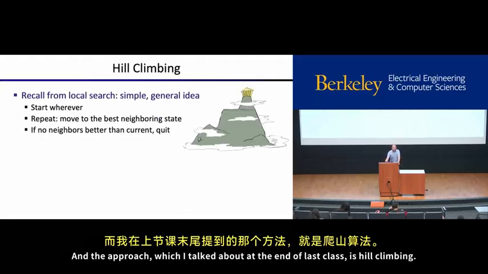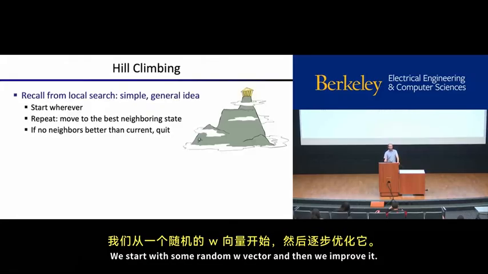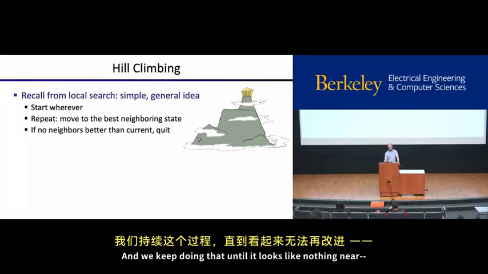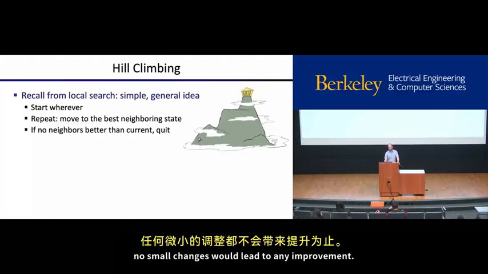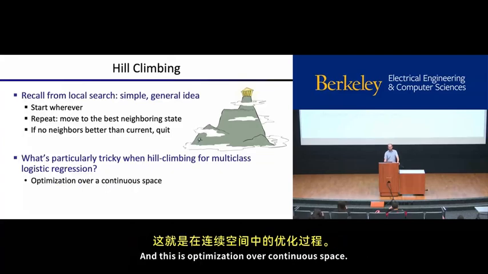And the approach, which I talked about at the end of last class, is hill climbing. We start with some random W vector, and then we improve it. We keep doing that until it looks like no small changes would lead to any improvement.